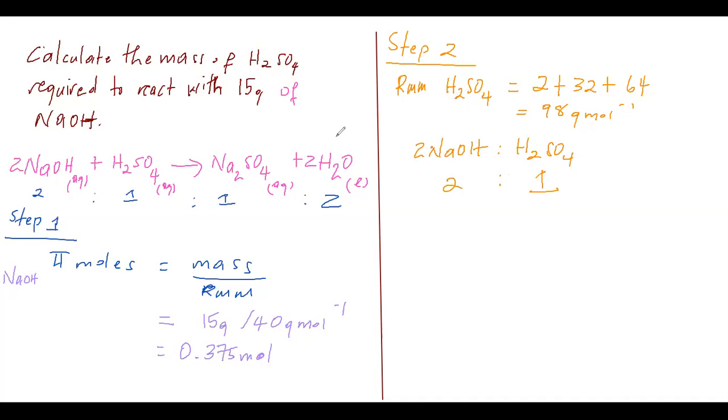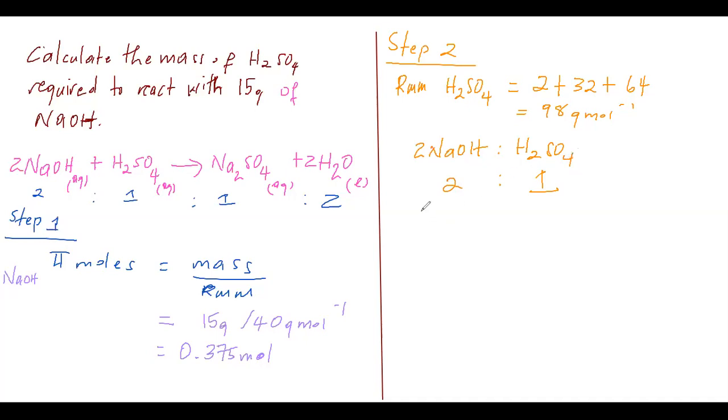So it'd be 2 times 0.375 moles? This is saying that whatever amount of sodium hydroxide we have, half of that will be for the sulfuric acid. That means that the sodium hydroxide is always going to be 2 times the amount of the sulfuric acid.